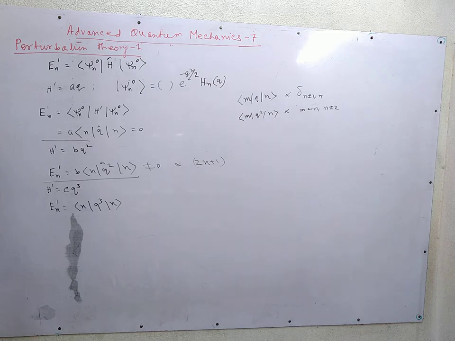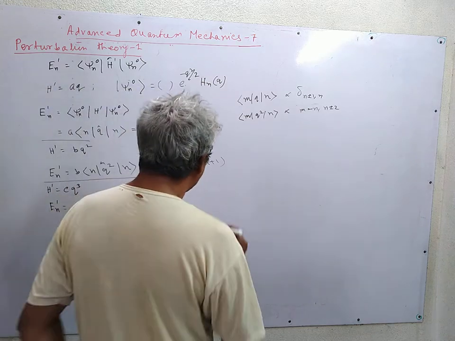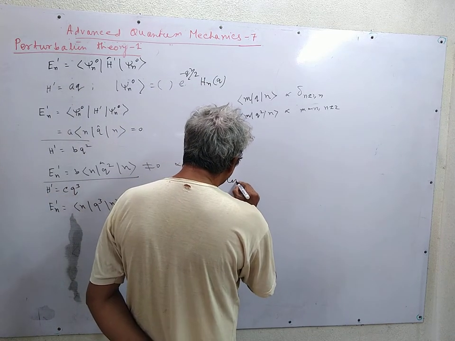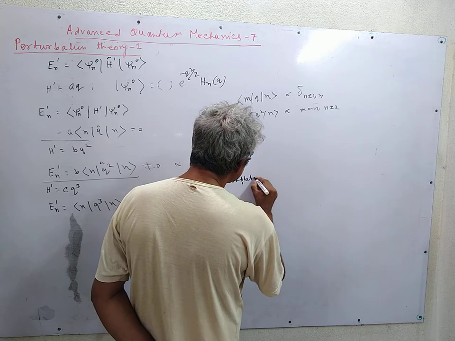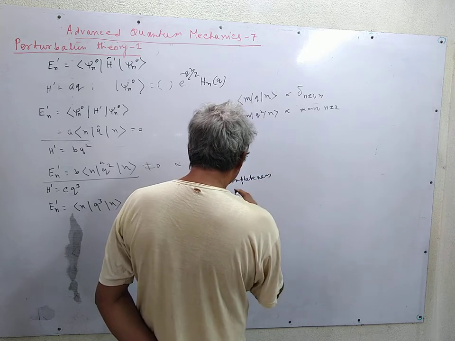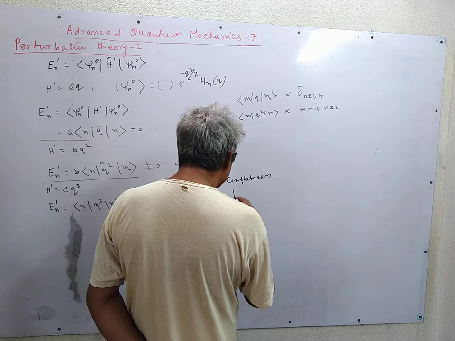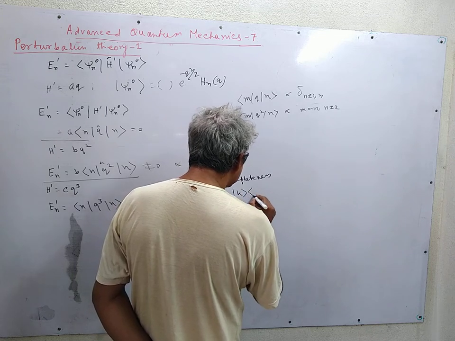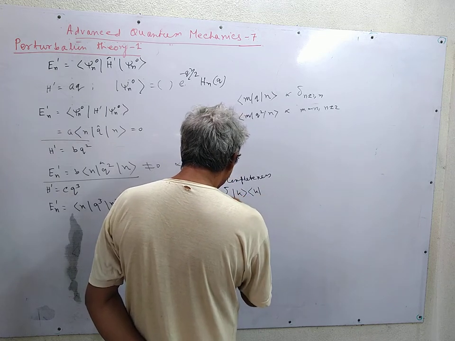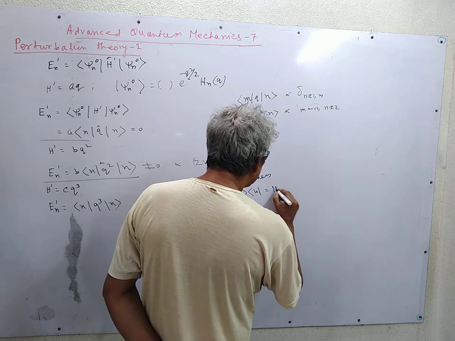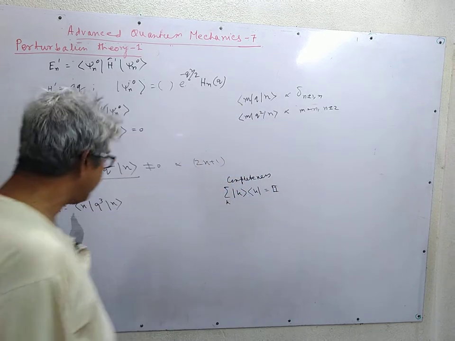Another concept that will be very helpful is the completeness of the wave function. Earlier we have talked about the completeness of the wave function. We argued that completeness means this: sum over k of k k is equal to an identity operator of the appropriate dimension.